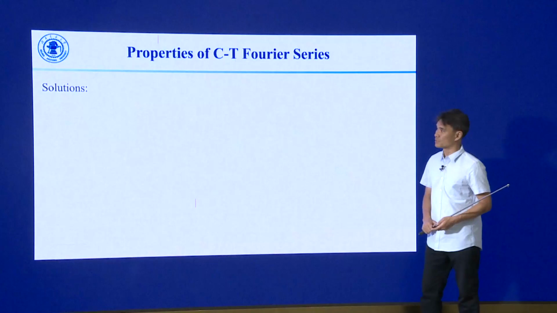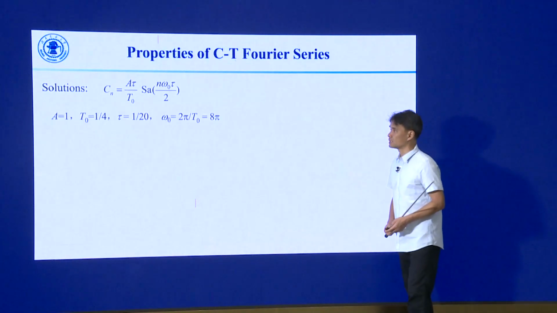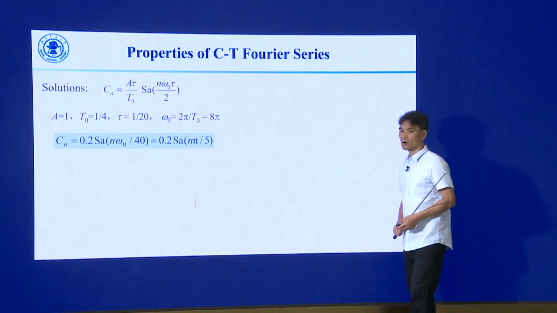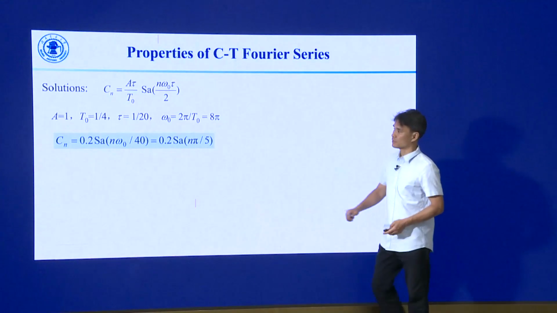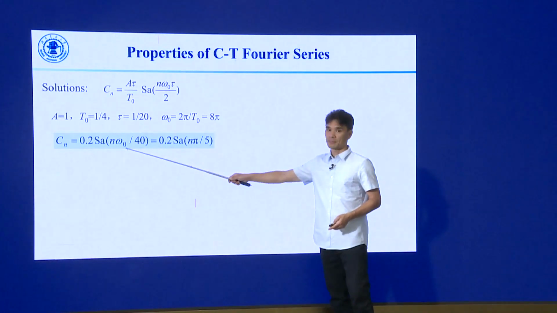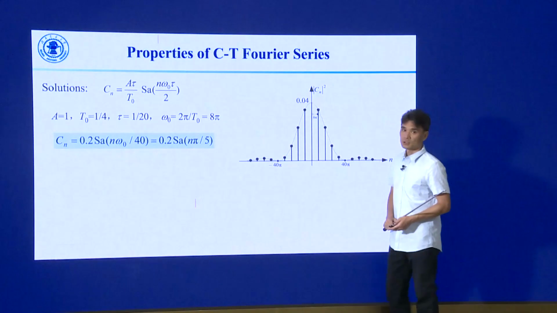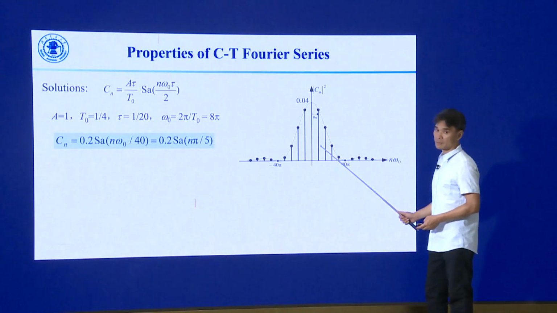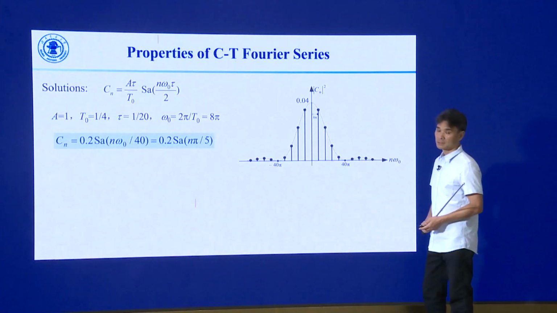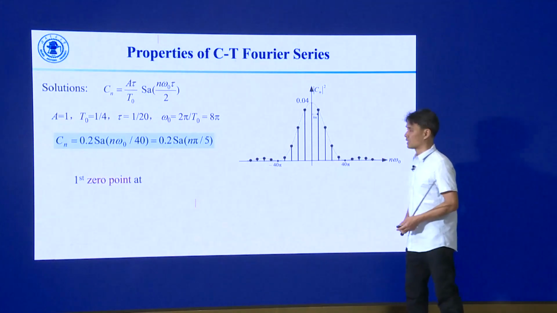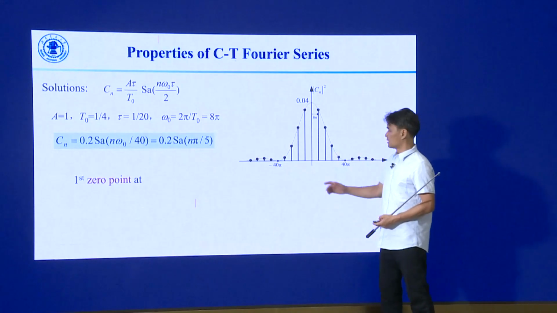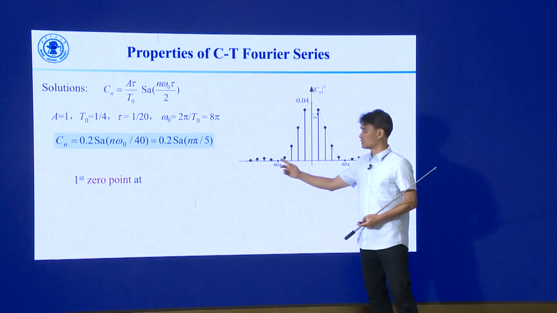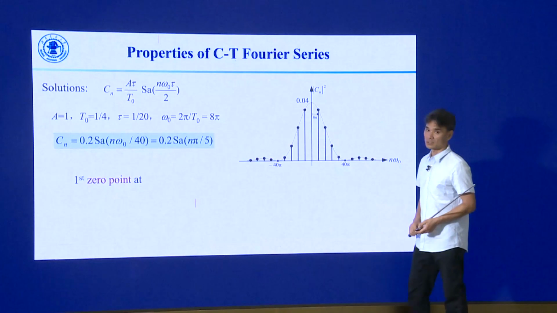First, we need to figure out the power spectrum. So here is the spectrum. And if we square the amplitude spectrum, we get the power spectrum like that. And the effective bandwidth is from the origin to the first zero-crossing point.